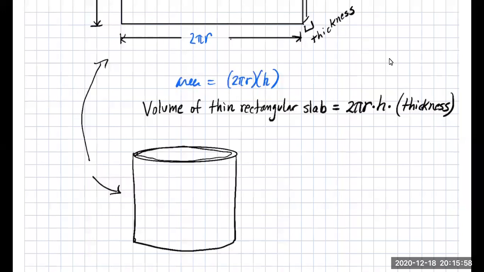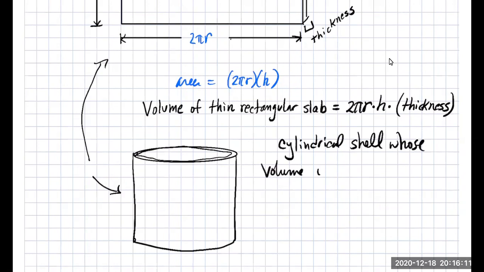So we refer to this as a cylindrical shell whose volume is equal to the following, and I'm going to spell it out in words: 2 pi times the radius times the height times its thickness. That's the volume of this very, very thin shell.